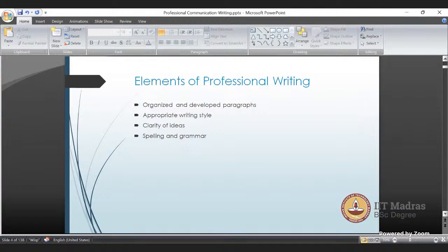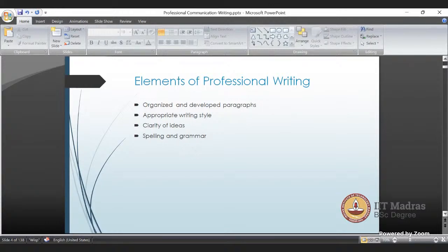People who have been looking at the materials and people who have been coming to the session know what we were doing. So 4 main things we looked at as elements of professional writing: organized and developed paragraphs, appropriate writing style, clarity of ideas, spelling and grammar. Among these, the first point is covered.